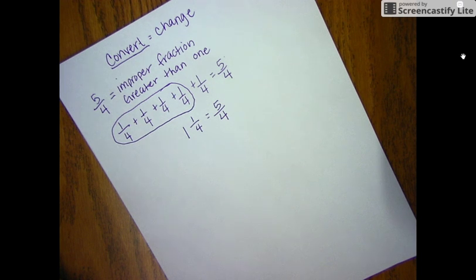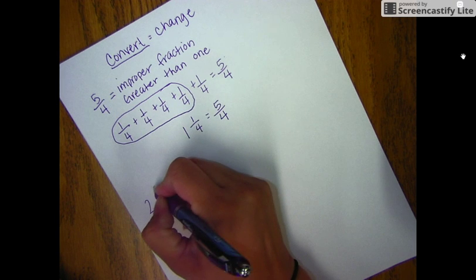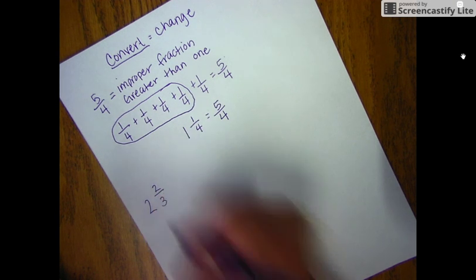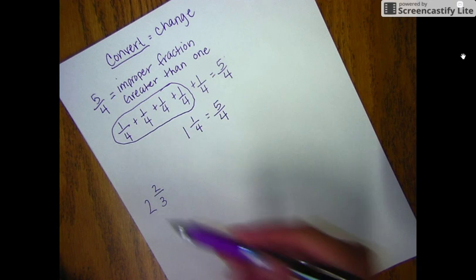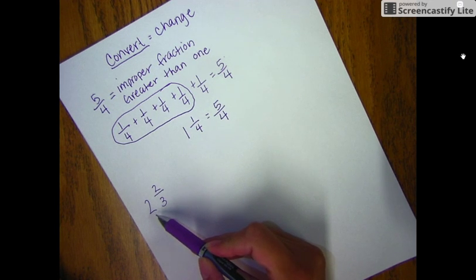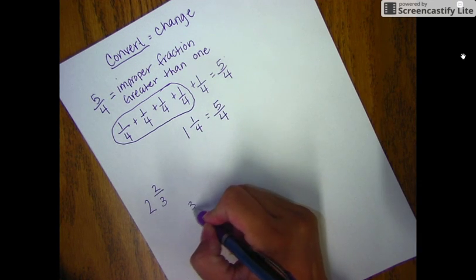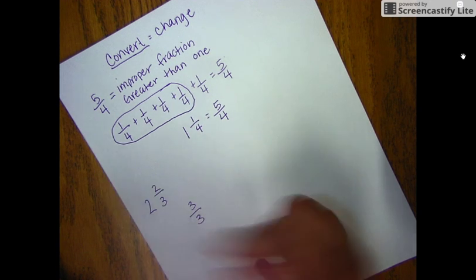Now, if I want to go the other way, say I have a mixed number, like 2 2/3, and I want to convert that to an improper fraction and make it a top-heavy fraction. There's a couple of ways I can look at this. I can say, all right, how many thirds does it take to make a whole? Well, it takes 3/3 to make a whole, and I have 2 of them.